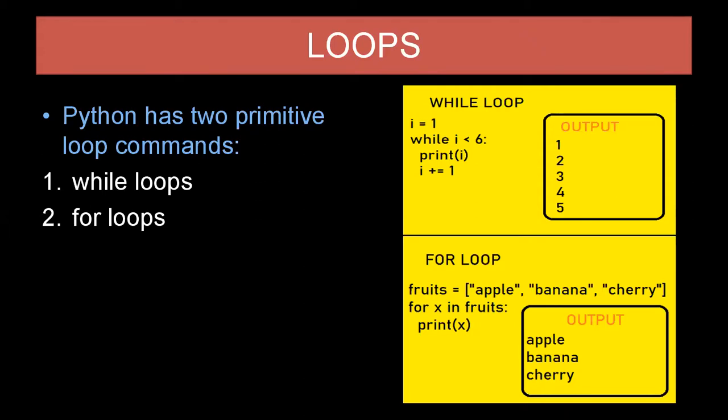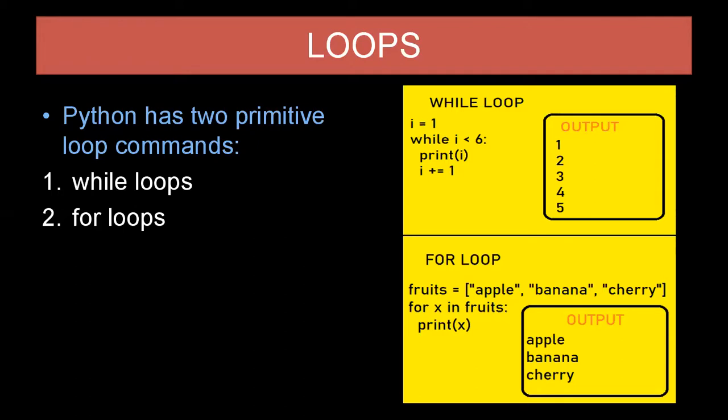In the while loop, we need to create a variable. In the example here, we have a while loop and we are creating a variable i equal to 1. In the while loop, the syntax is we need to give the keyword while, and we need to give the statement, the condition.